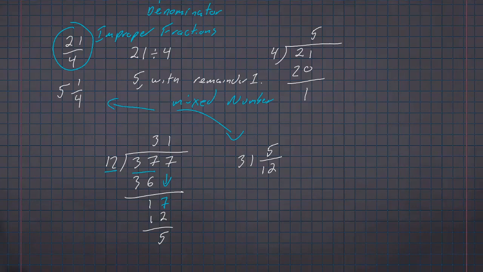As you'll see in upcoming videos, it turns out that improper fractions are much easier to work with than mixed numbers. So while it's important to be able to finish off a problem, taking an improper fraction and writing it as a mixed number, it's also important to be able to take a mixed number and write it as an improper fraction.